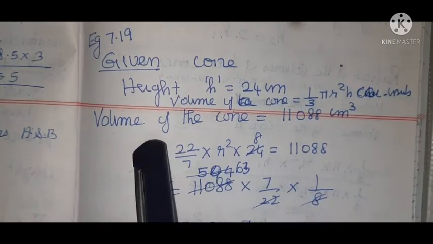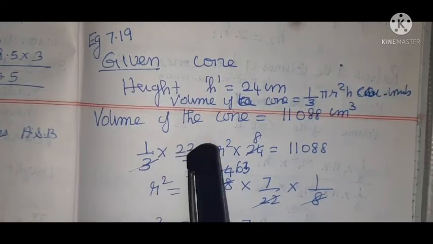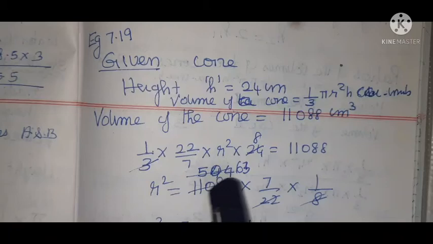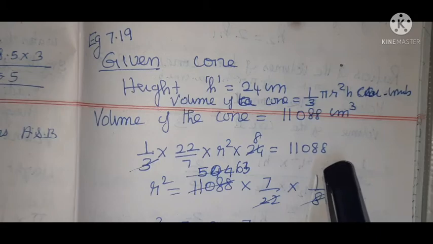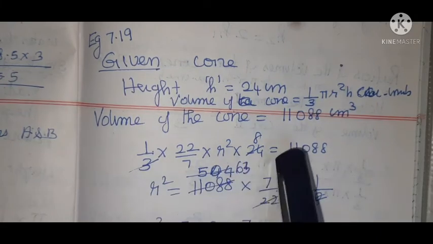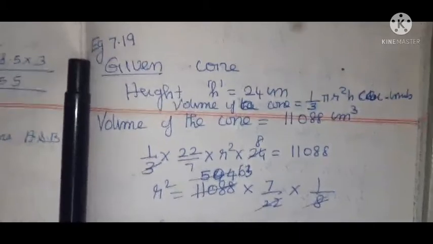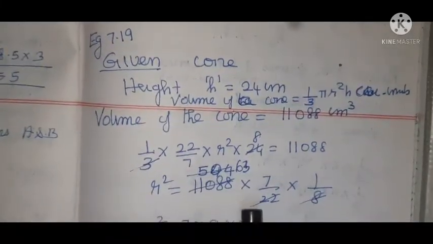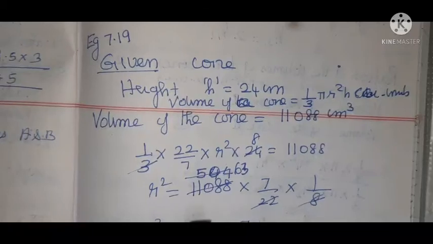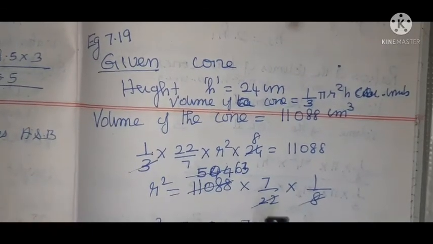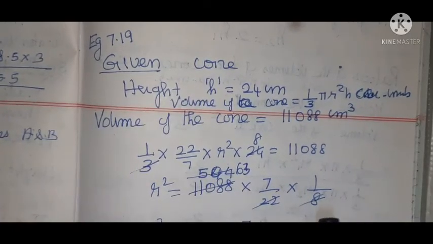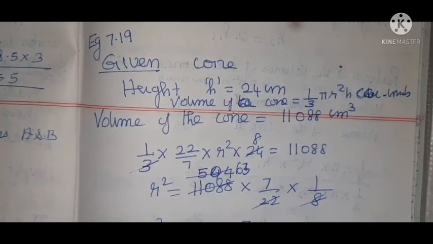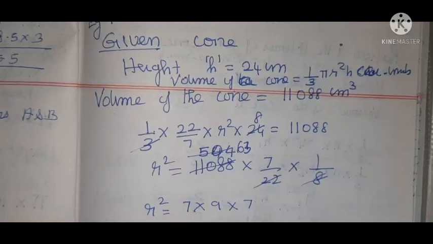Formula: 1 by 3 into 22 by 7 into r square into h, which is 24, is equal to 11,088. 24 divided by 3 we get 8. r square is equal to 11,088 into 7 by 22 into 1 by 8. 11,088 divided by 22 we get 504. 504 divided by 8 we get 63. r square is equal to 63, which is 7 into 9 into 7.